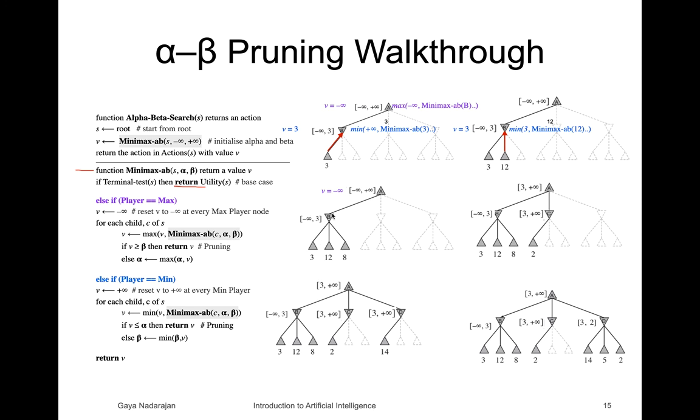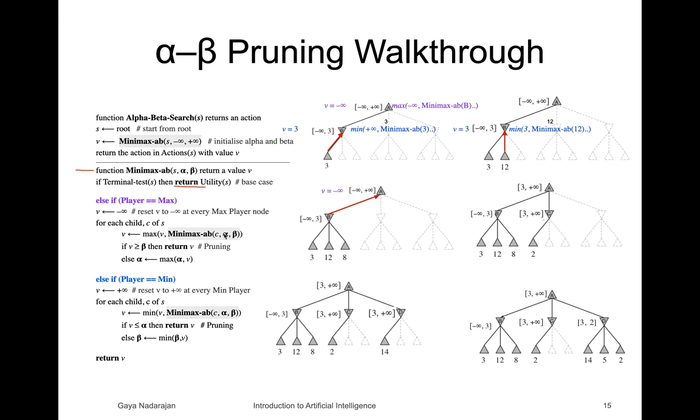So we have V, which is 3 now, passed back up, because you're done with all the children, and these are the values that you have for V and alpha and beta. V is passed back. Alpha and beta are not passed back, they've just been used here. And just V is passed back, which is 3. And now we're back at A.